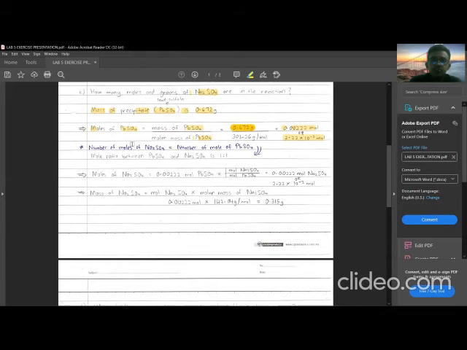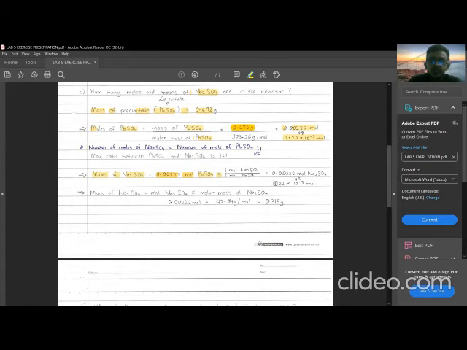So the number of moles of Na2SO4 is equal to the number of moles of PbSO4. The mole ratio between PbSO4 and Na2SO4 is 1 to 1. Then the mole of Na2SO4 is 0.0022 mole PbSO4 times 1 mole Na2SO4 over 1 mole PbSO4.